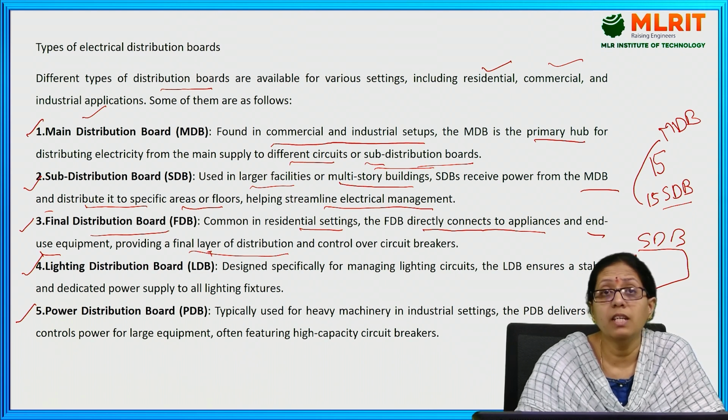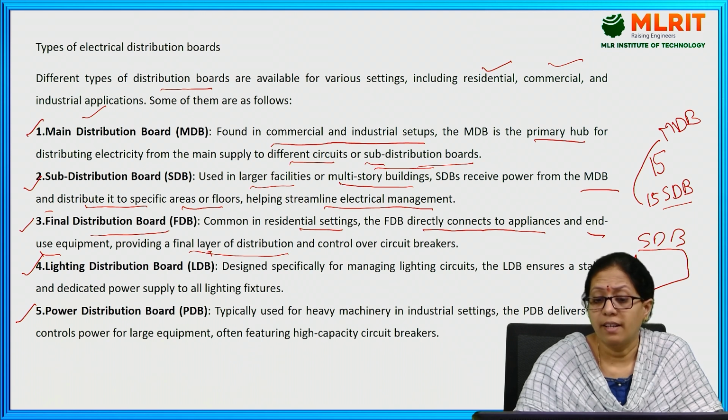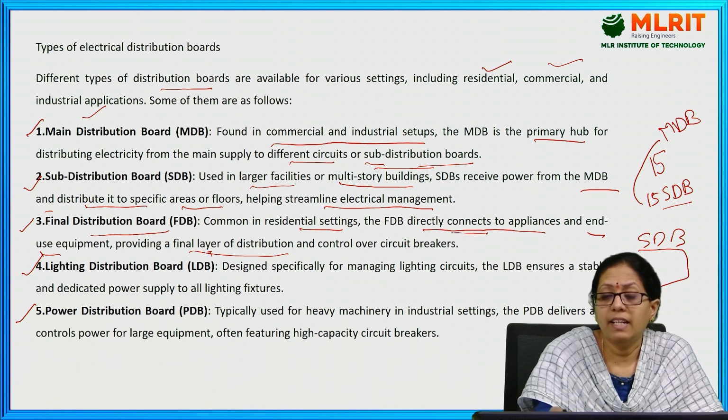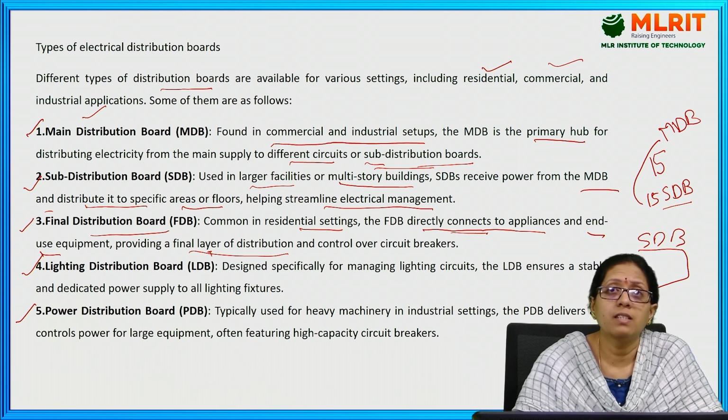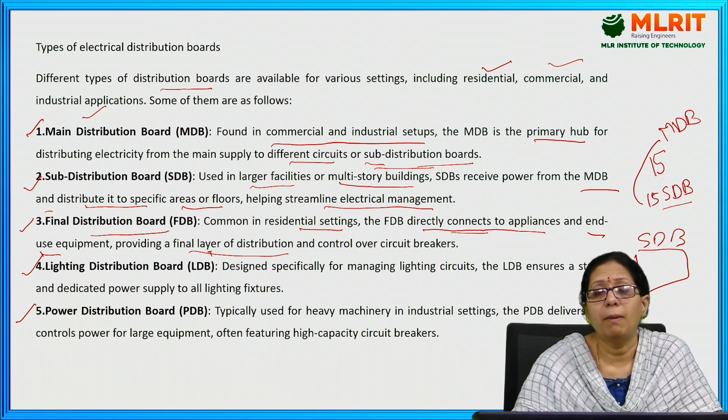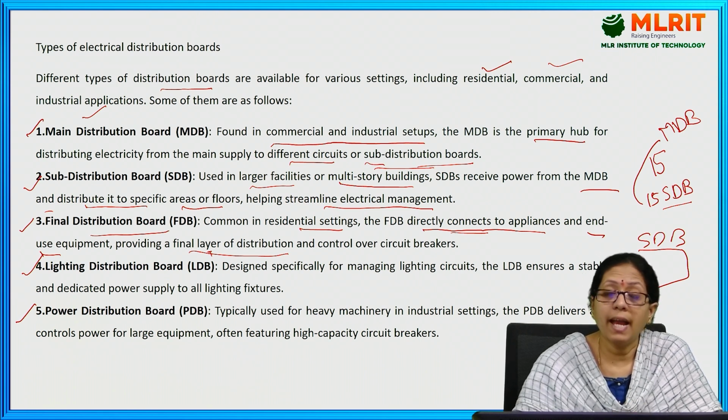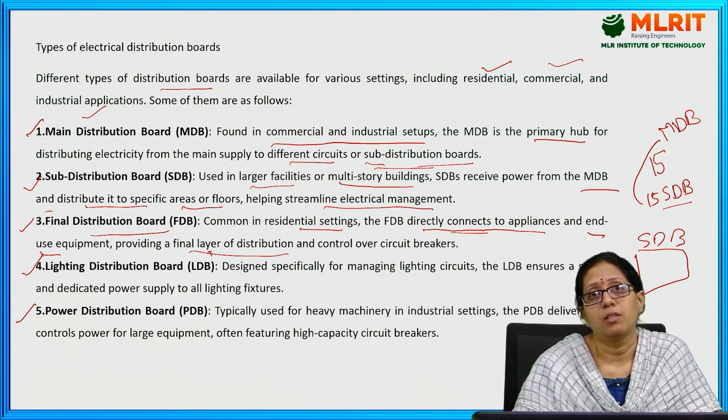Like, this is the final distribution board, which is mostly used in residential settings, and the FDB directly connects to the appliances. There are no sub distribution boards here. They are directly connected to the appliances and it is the end use of the equipment.